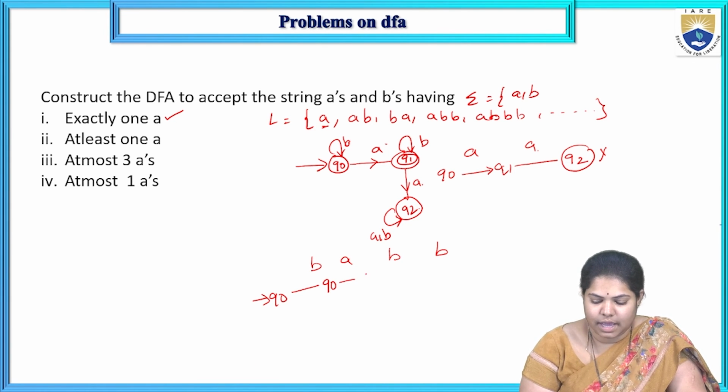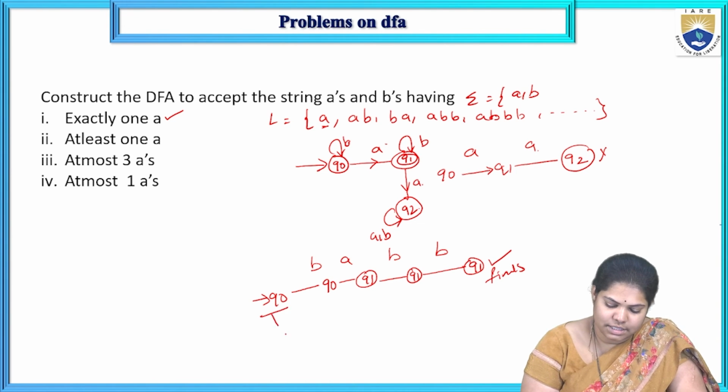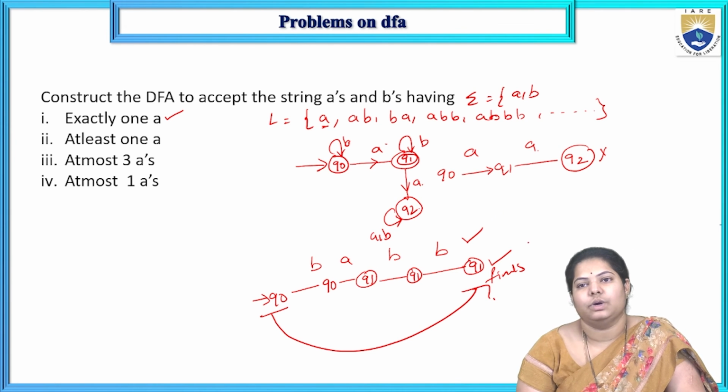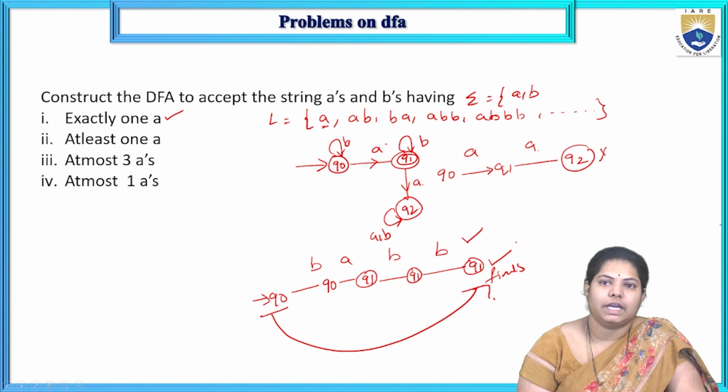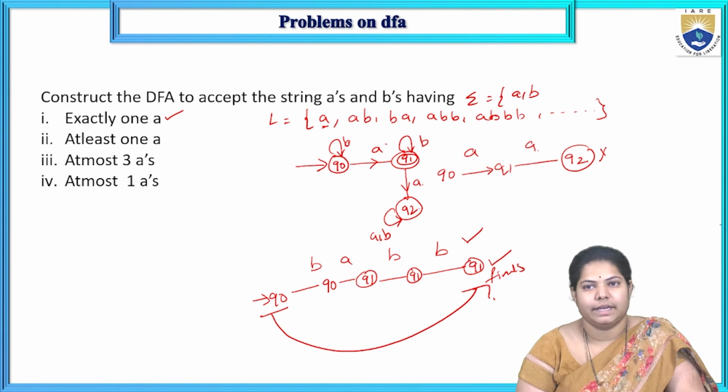On seeing A, I reach Q1. On seeing B, I stay at Q1, and on seeing B again, I stay at Q1, which is a final state. So I reach from the initial state to the final state. Therefore, this particular string is accepted by the finite automata. Whatever string you take, if it contains only a single A, it will get accepted, or else it gets rejected.